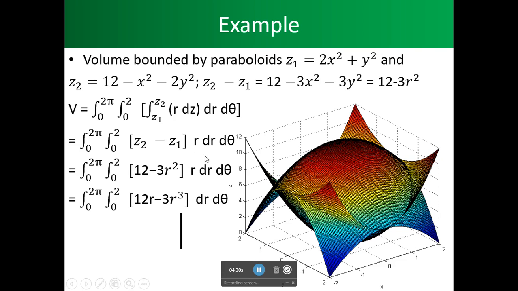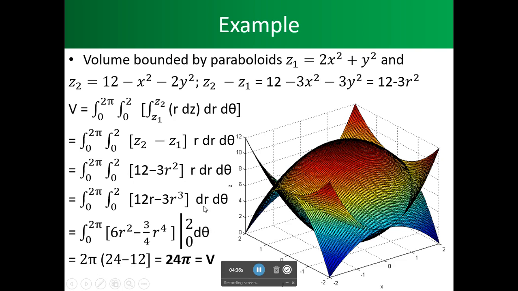But now if we use that, we need to multiply r times everything because we're doing a dr. So with this dr, we see that this will be 1/2 r squared. Half of 12 is 6. Then we see here it'll be 3/4 minus 3/4 r to the 4th power. We're evaluating this from 2 to 0.